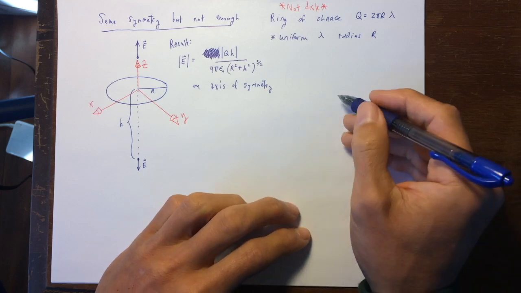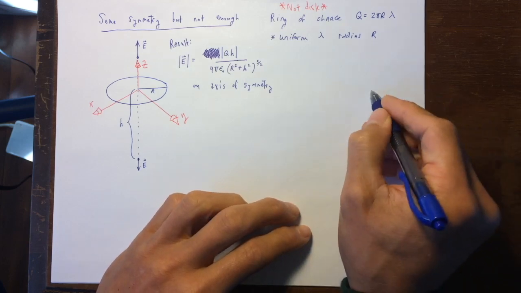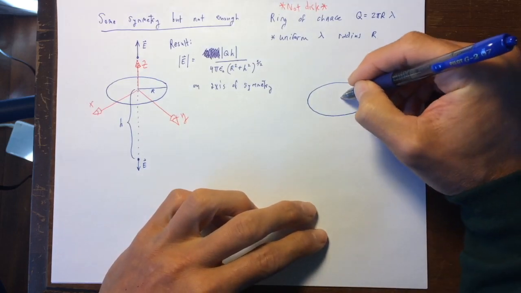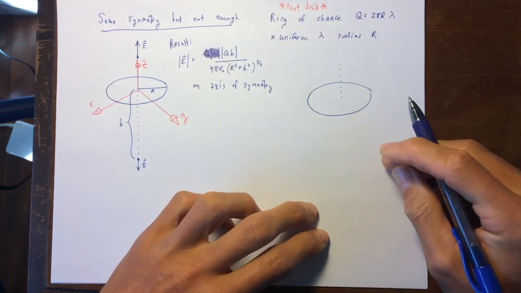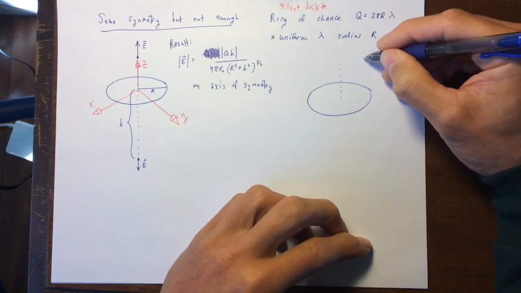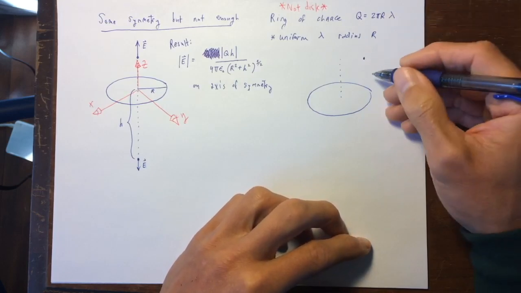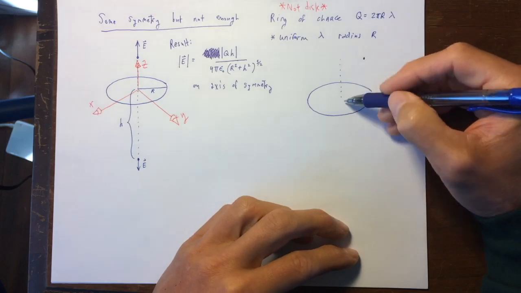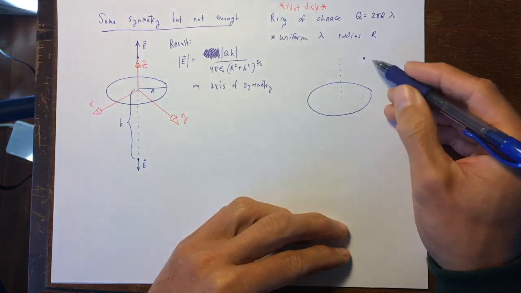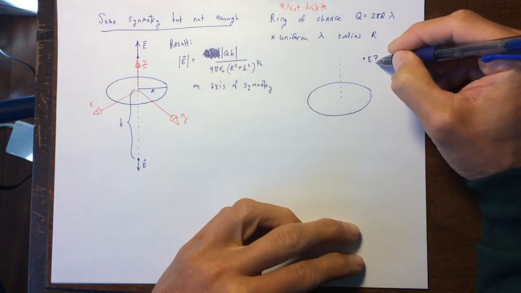If you wanted to do it off the axis, you'd have to think a little bit more, and you'd end up with a slightly tougher integral. But here's an example of a place off the axis. So let's say that this position here, it's not on the z-axis, it's over in x and y, and what's the electric field?